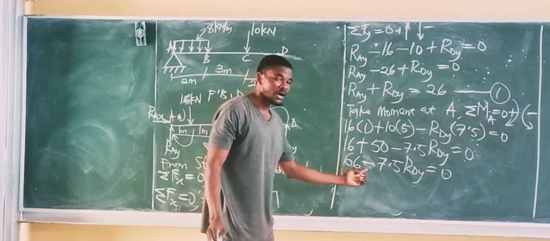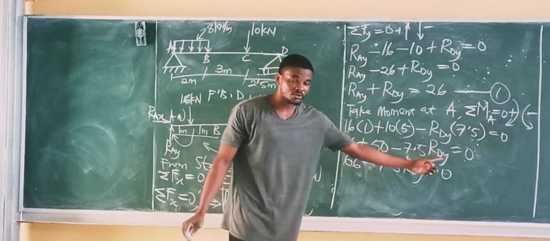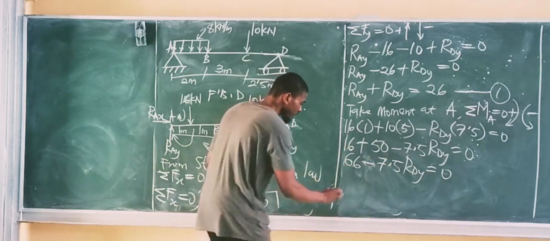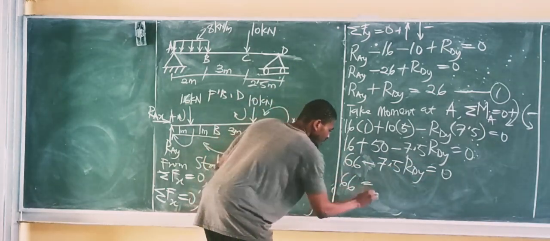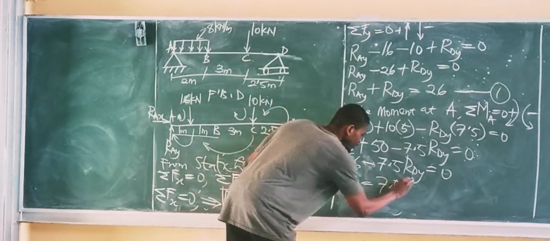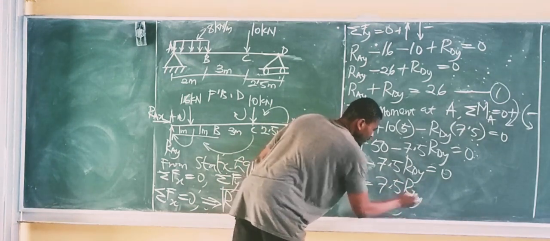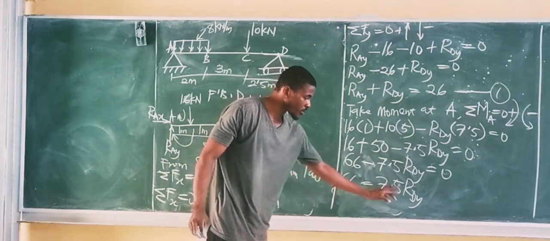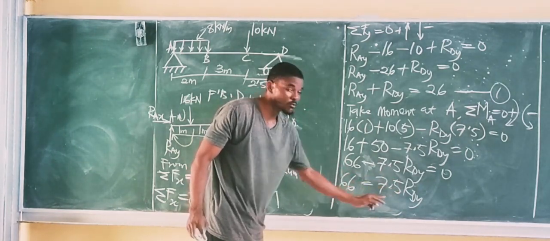So let's send minus RBY over to this side of the equation. Negative sign crosses an equal sign and becomes positive. So we simply have that 66 is actually what? 7.5 RBY.